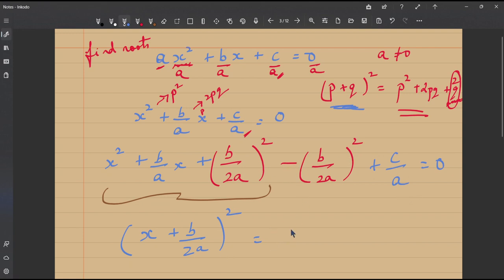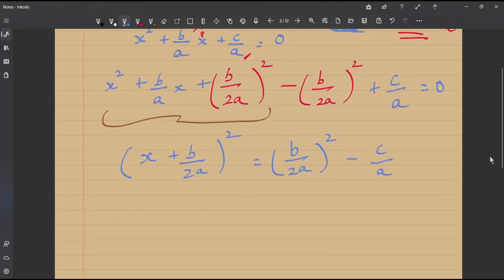It's negative, so on this side it becomes positive, (b by 2a) the whole square minus c by a, right? And a little bit of cleaning up can be done to the right hand side of the equation. (b by 2a) the whole square is nothing but b squared by 4a squared minus c by a.